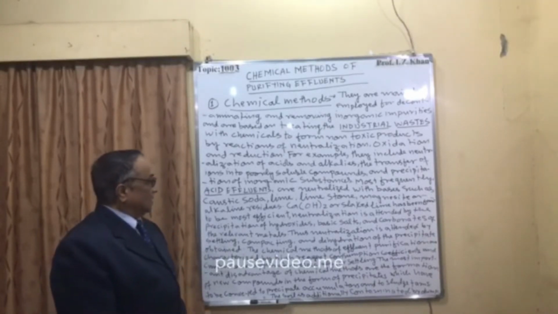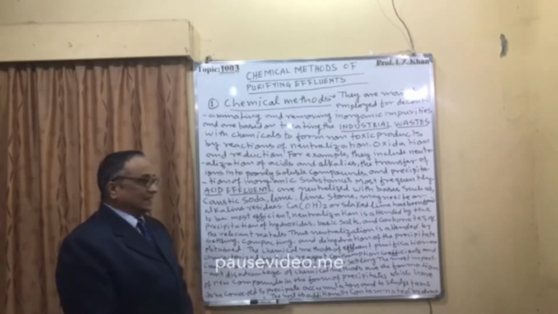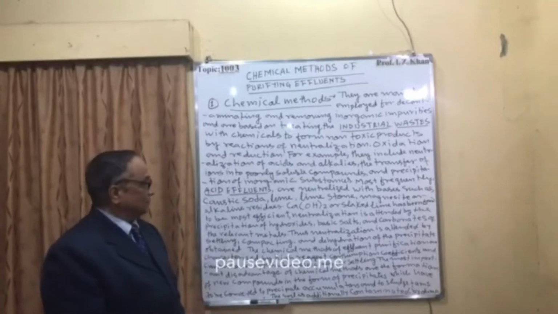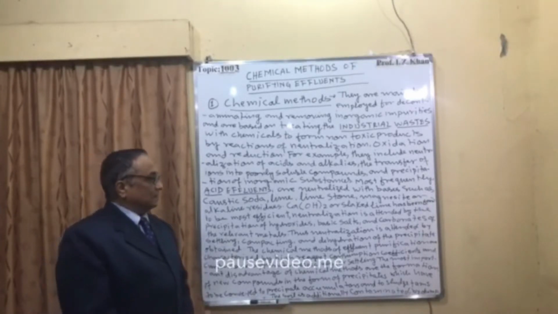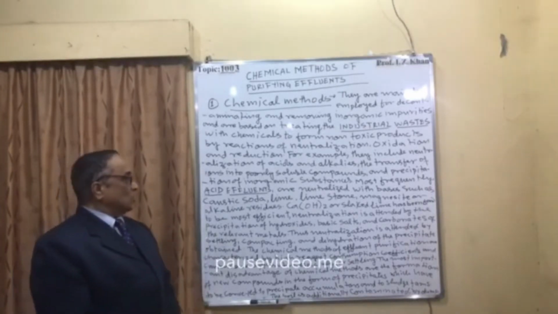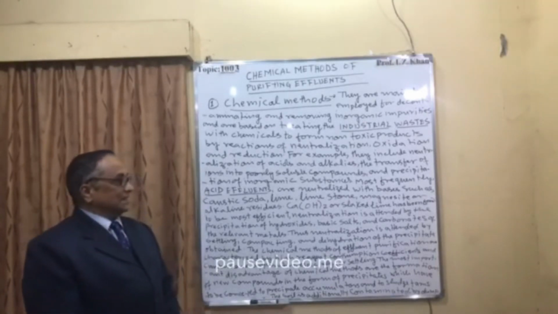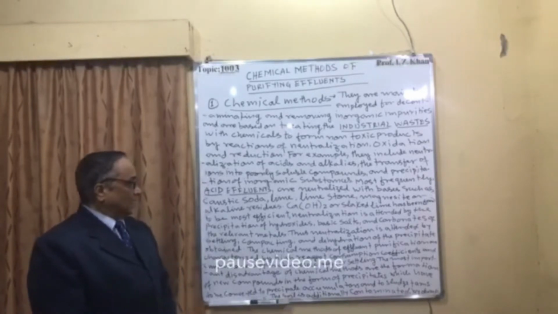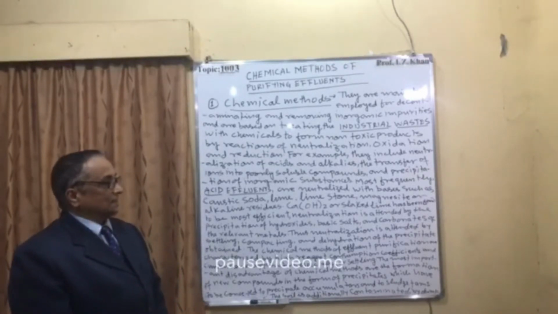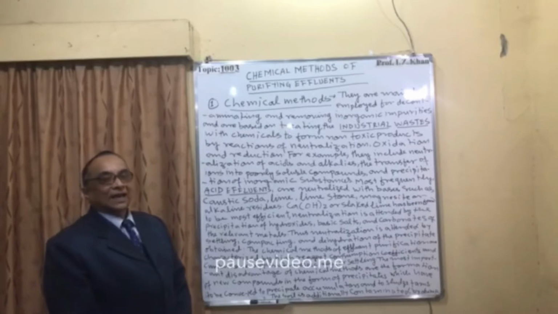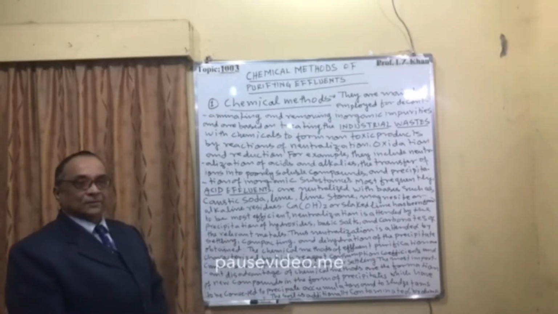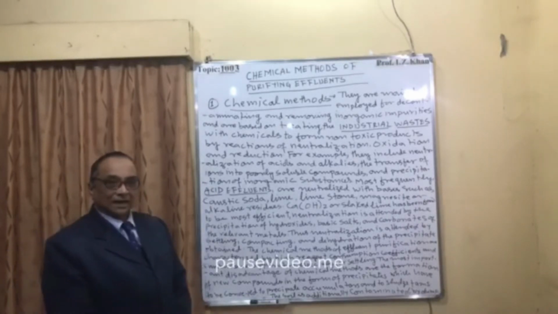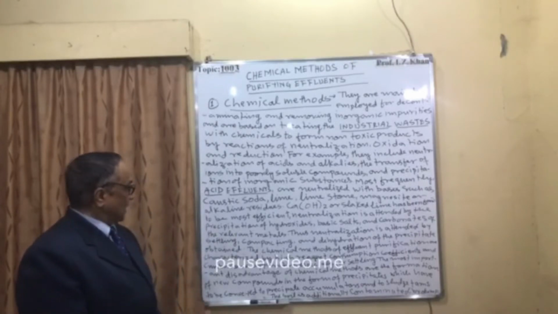Magnesite or alkaline residues, or slaked lime, has been found to be most efficient. Neutralization is attended by the precipitation of hydroxides, basic salts and carbonates. So they are precipitated out in the form of the oxides and carbonates of the relevant metals.